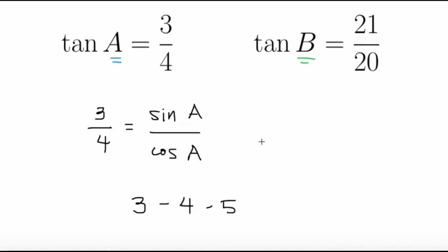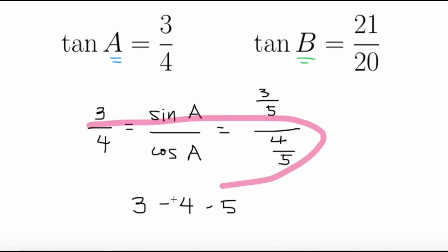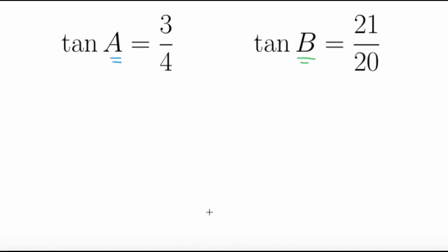So from this alone, we can conclude that sine A must be 3/5, and cosine A must be 4/5, because 3/5 over 4/5 would indeed give us 3/4. So we know that sine of A equals 3/5.